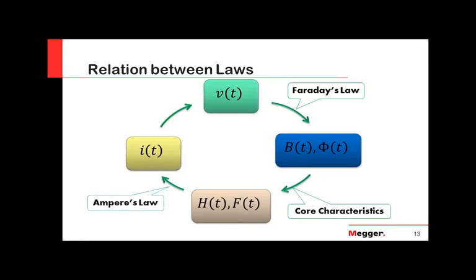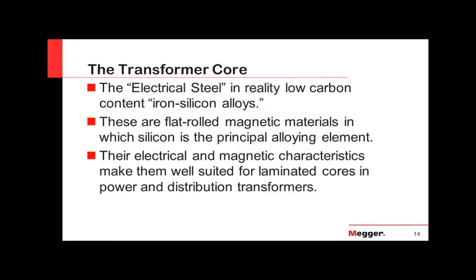In the same way, we correlate now using Ampere's law the strength of the field with the current, and if we look just at terminal characteristics, we're thinking basically Ohm's law, correlating current and voltage. So everything is correlated in this system.